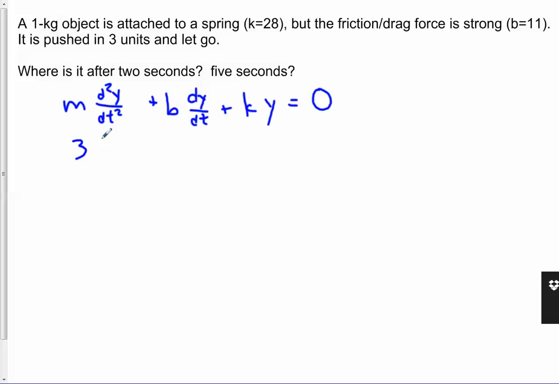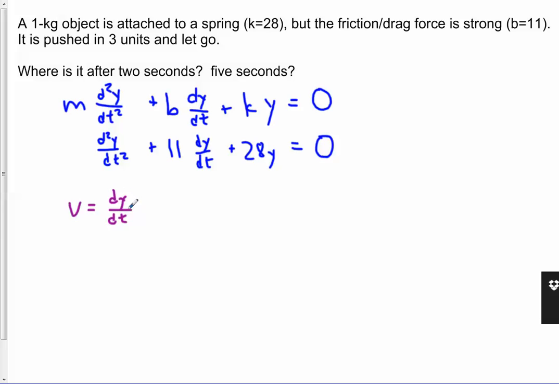And with our particular numbers, we have 1 for the mass, plus 11 dy/dt, plus 28y equals 0. Okay, now the way we make this into a system is we let v equal dy/dt.